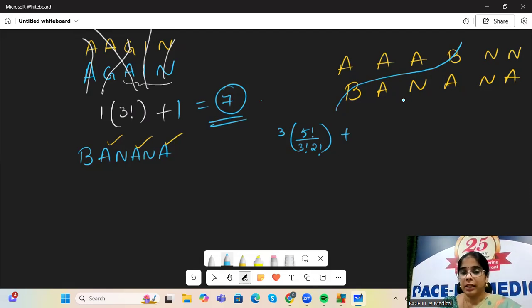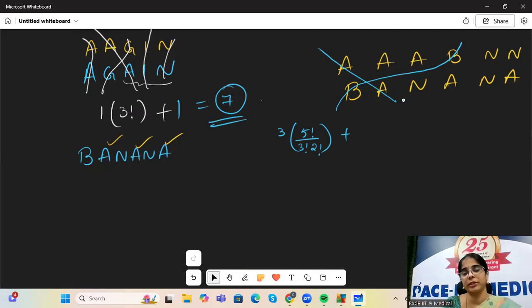Next, plus cutting A with A, right? We are cutting this A with the first A there. Obviously start with the same order position. So A with A is first cut. Before A, there is nothing left, so I don't have to do anything. Cutting N with N. Now you are cutting one N out of two N's. Remember that, right? So before this N, I have two A's there. So that is 2 into 1 N out of 2 N's cut.